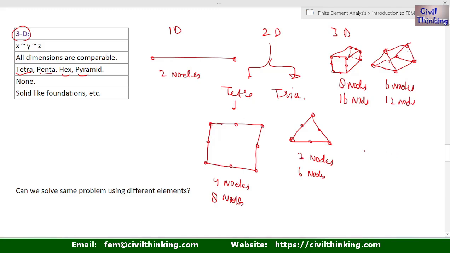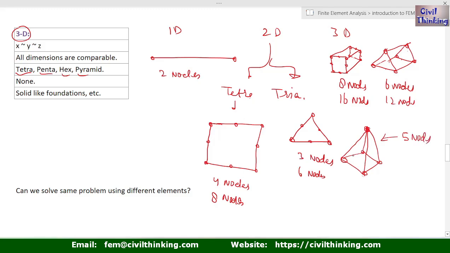Then we can also extend it like this. For example, we have this. 1, 2, 3, 4 and 5. This is 5 nodes.